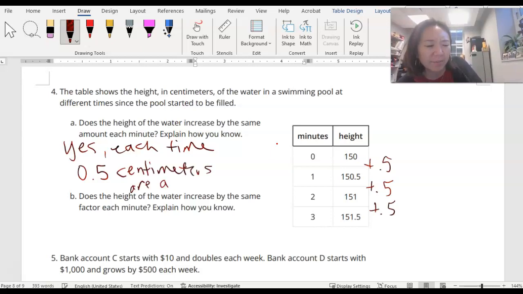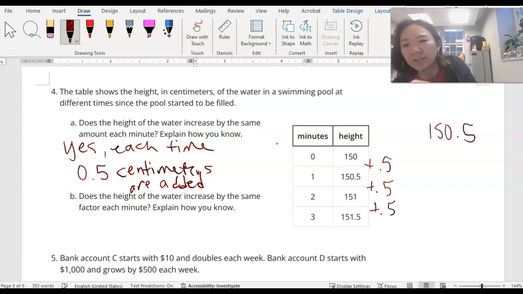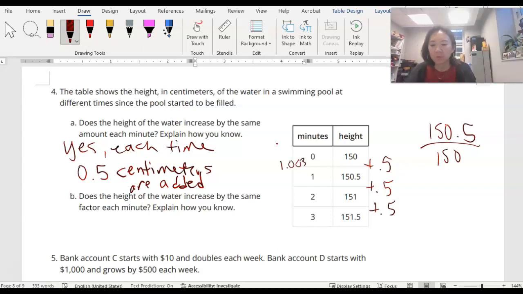It says, does the height of the water increase by the same factor each minute? So the factor would be what I'm multiplying by. So if I do 150.5 divided by 150, we want to see what we get, and that gives me my factor. So 150.5 divided by 150 gives me a factor of 1.003. Similarly, if I do 151 divided by 150.5, I get 1.00332.